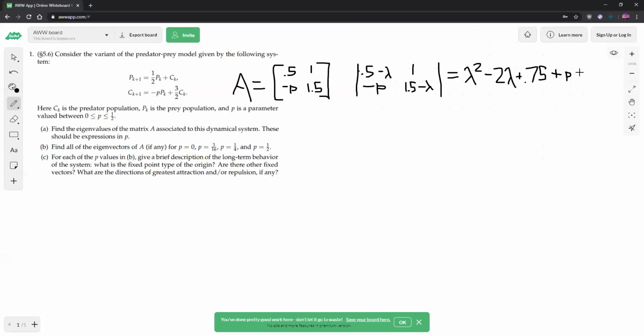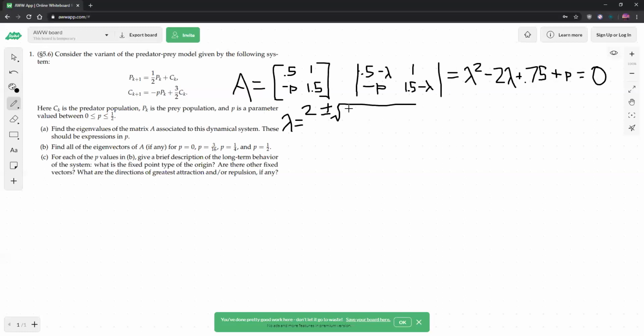This is our characteristic equation. We need to find a way to get the eigenvalues out of this, values for lambda. So if we're going to do that, we should probably look at using the quadratic formula. So lambda is going to be negative b, so that's 2, plus or minus the square root.